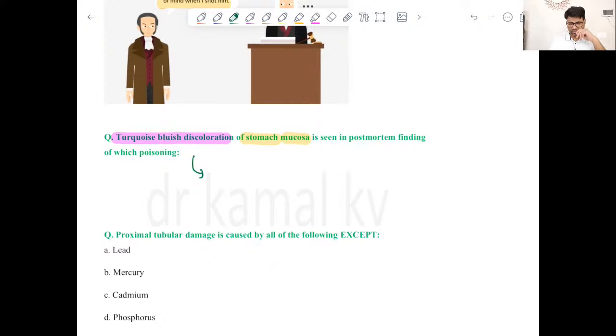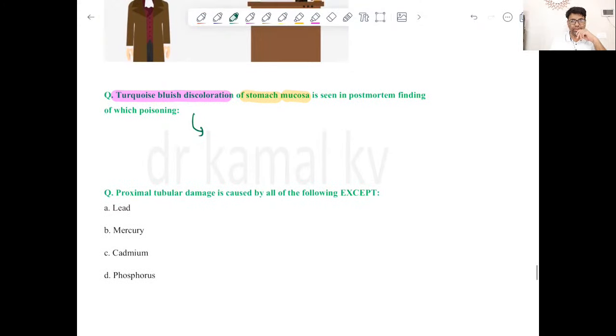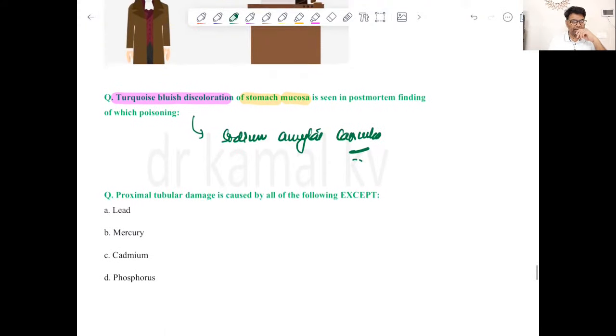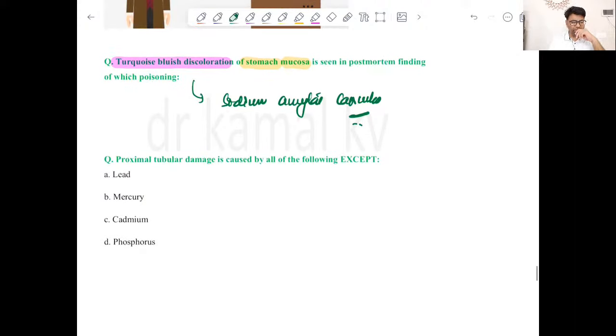They can use those words in framing questions, so you should have a fair knowledge about that as well. So this is about sodium amytal capsules actually. Clear? So this is turquoise blue discoloration. Very good, Shanavas bhai. Initial words are right. I think you must know the full answer as well.